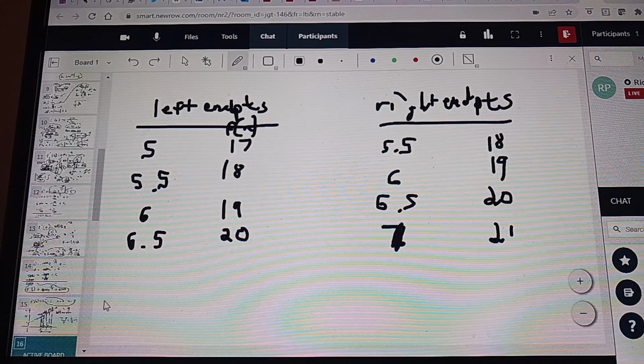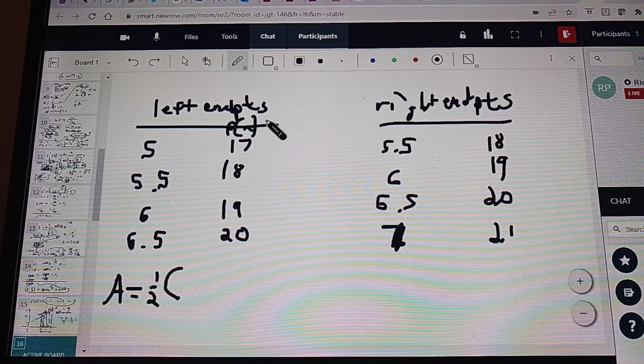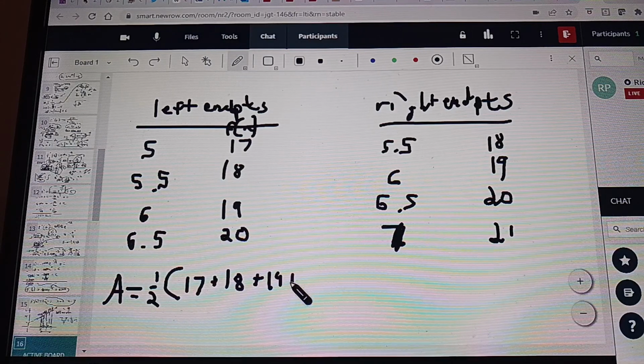So the estimated area using left endpoints, you do 1/2 times each of these numbers added together. And the reason why this shortcut works is you're actually doing 1/2 times 17, plus 1/2 times 18, plus 1/2 times 19, plus 1/2 times 20.